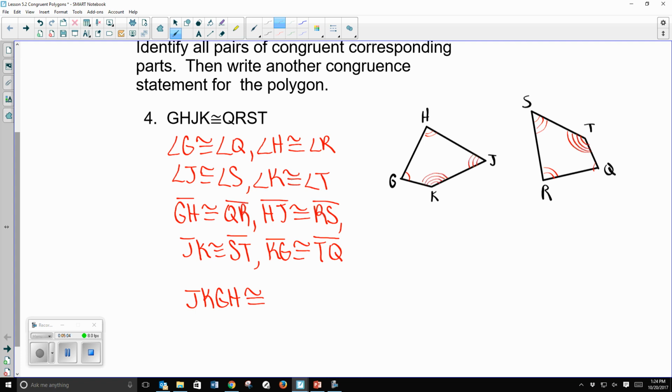If I start there, I can look up here and see which matches up with J and which with K. J, K will be S, T, then Q, R, right? And the same things still match up if you look at all this other stuff. Okay, so that would be your answer.